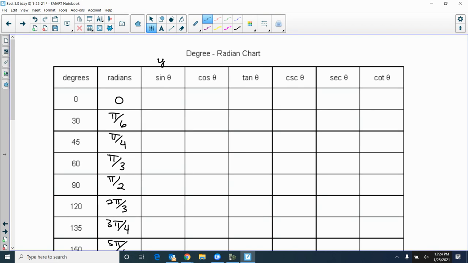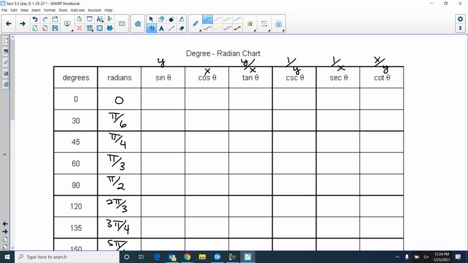So sine of theta is y, until you really, really know it. So what's cosine of theta? It is x. What's tangent of theta? Y over x. And then we get 1 over y for cosecant, 1 over x for secant, and x over y for cotangent.